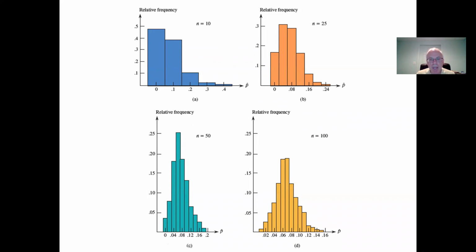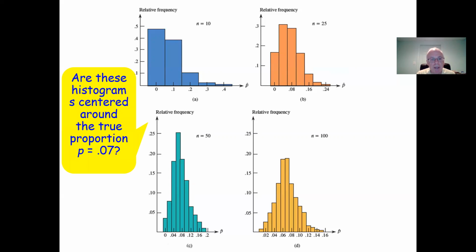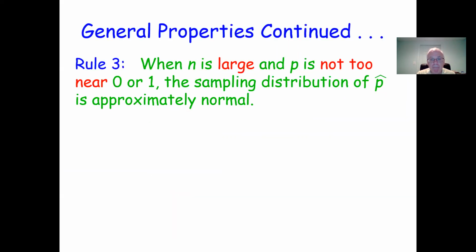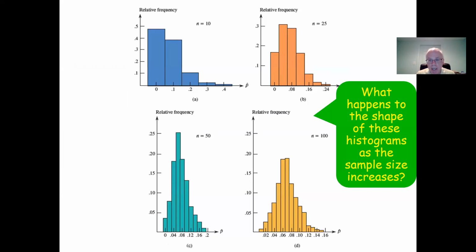As n increases, you notice that the distribution looks more and more normal. Once again, as n increases, we also notice that the sampling error becomes more and more narrow.